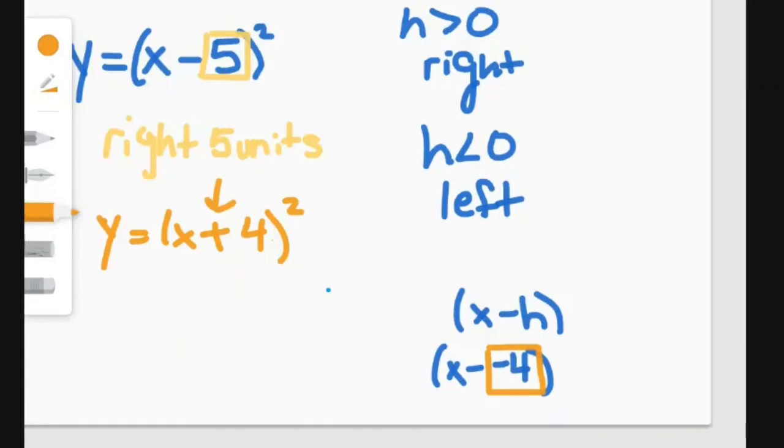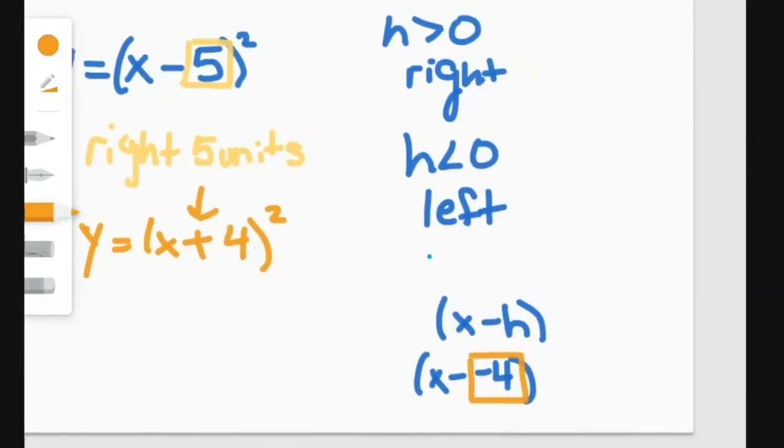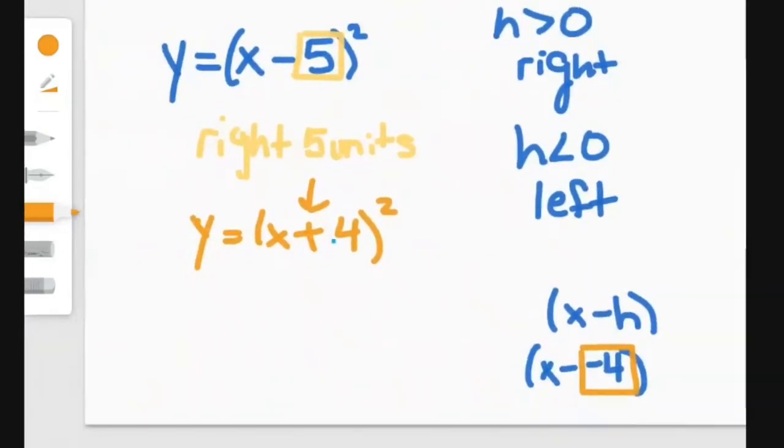That's the theory behind it, the explanation behind it. If it's easier for you, just think opposites. Although it says positive, it is a negative, and if it's less than 0, which negatives are less than 0, we are moving 4 units to the left.